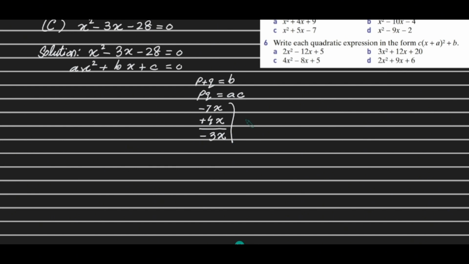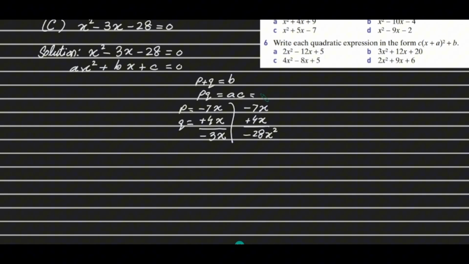And the product of these terms, minus 7x and plus 4x, when we multiply, plus times minus is minus, 7 times 4 is 28x squared. Both conditions are satisfied. If this one is p and this one is q, we add them and get minus 3x, the midterm, and if we multiply these terms, we get minus 28x squared, which is equal to the product ac.